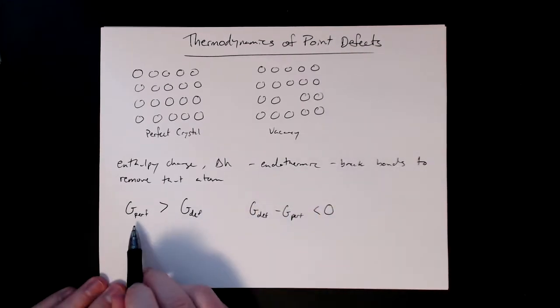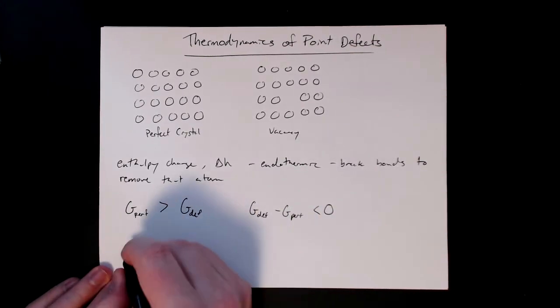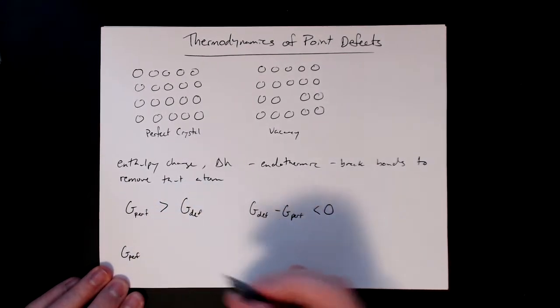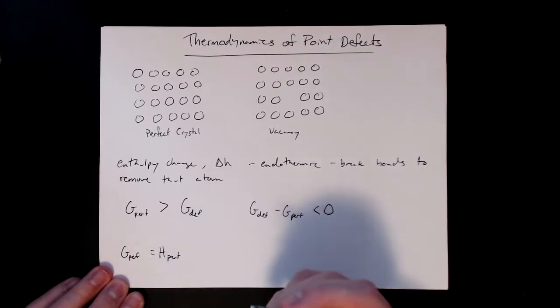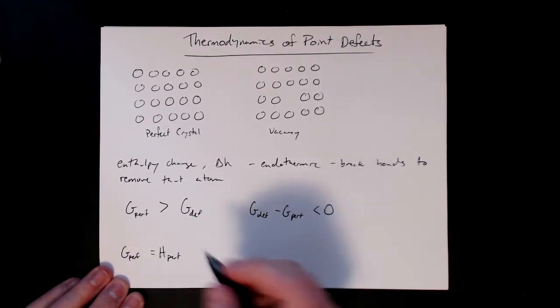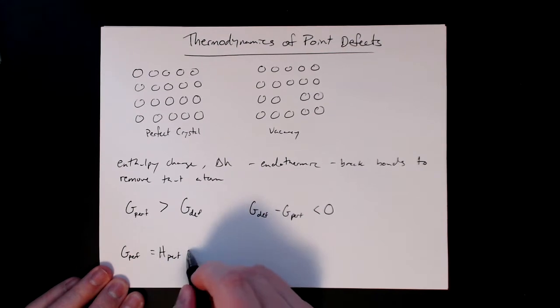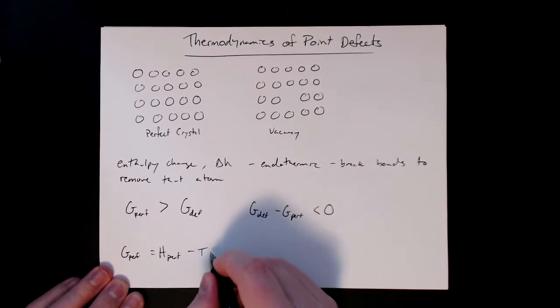So let's start by looking at the perfect crystal, though. For the perfect crystal, this G perf is going to be the enthalpy of that perfect crystal minus T times the entropy of the perfect crystal.